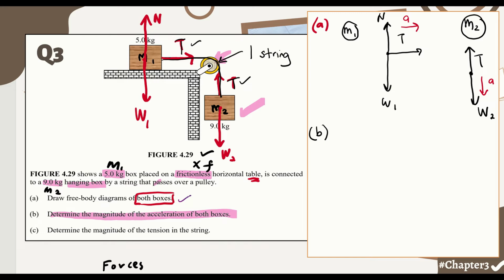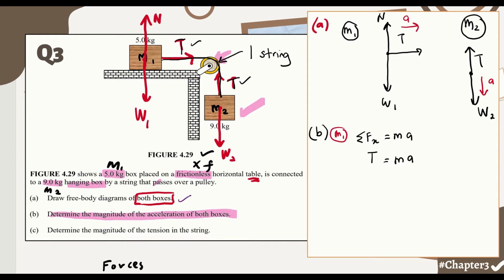By knowing the direction of motion, we can have the net force, then we can calculate the acceleration. So we start with M1. The motion of block M1 is only in the x-axis, so summation of Fx equal to ma. Then we only have T that contributes to the motion, so T is equal to M1a.